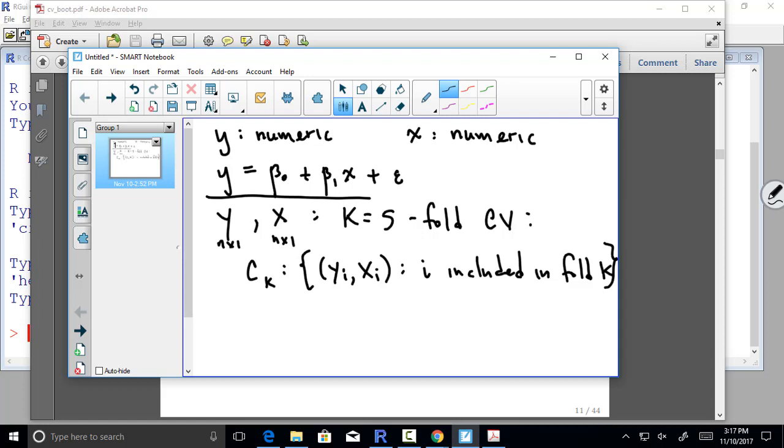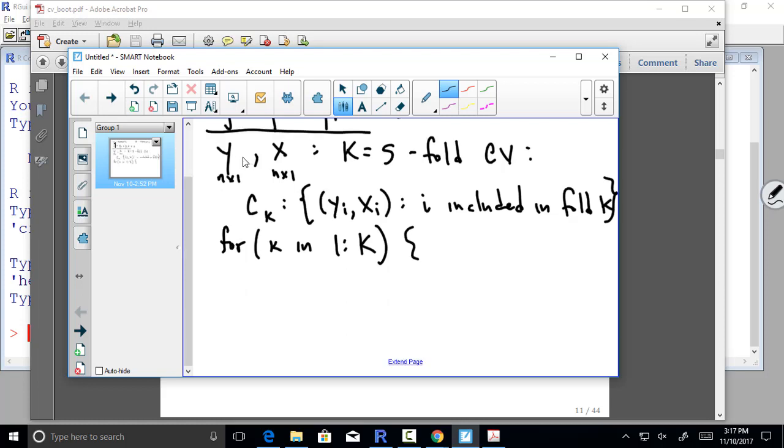So cross-validation would go like a for loop for k in 1 to capital K. And we would fit the model using everybody but the training individuals that were put into subset k.